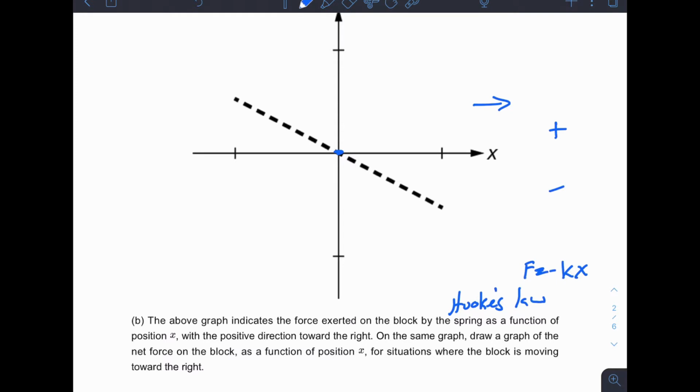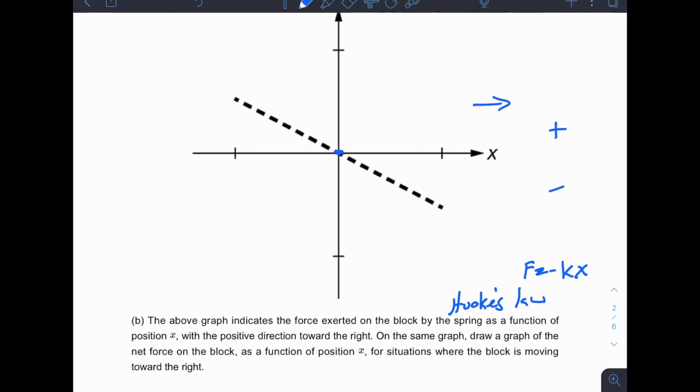Now it asks us then, on the same graph, draw a graph of the net force on the block as a function of position x for situations where the block is moving toward the right. So if it's moving toward the right, there is a force in the opposite direction, which would be the negative direction from friction.